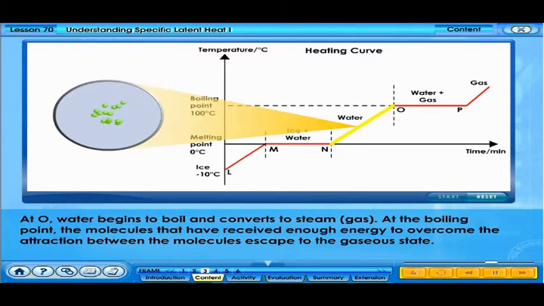At O, water begins to boil, converts to steam or gas. At the boiling point, the molecules that have received enough energy to overcome the attraction between the molecules escape to the gas.